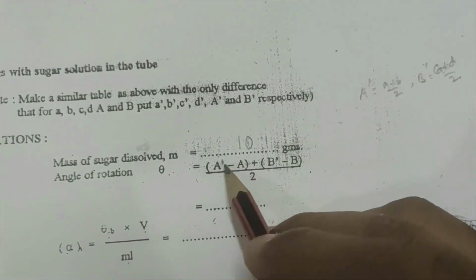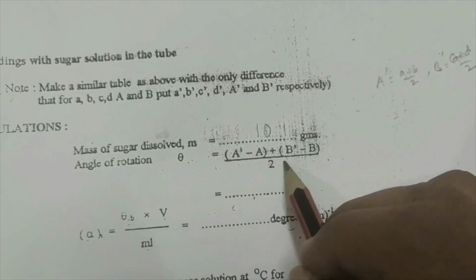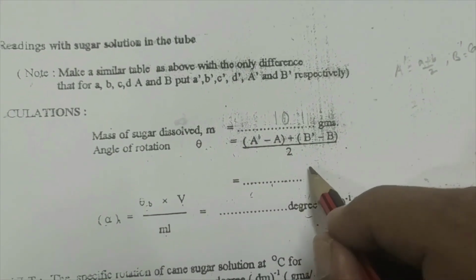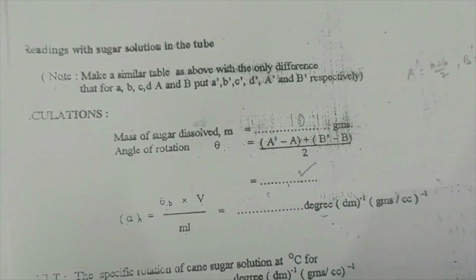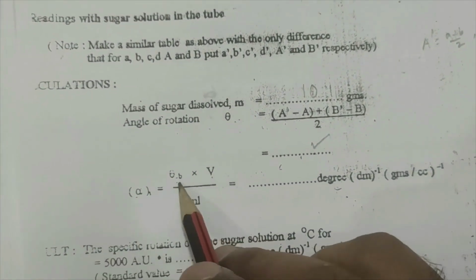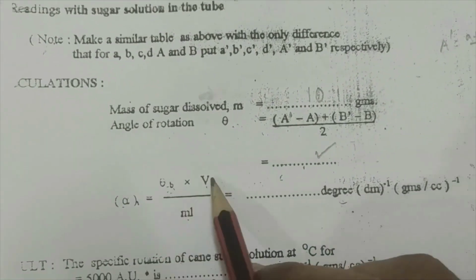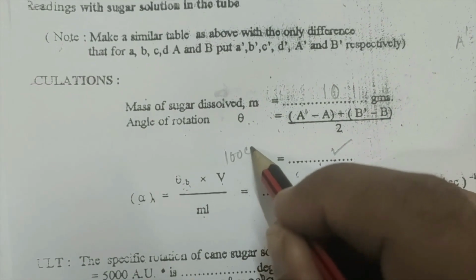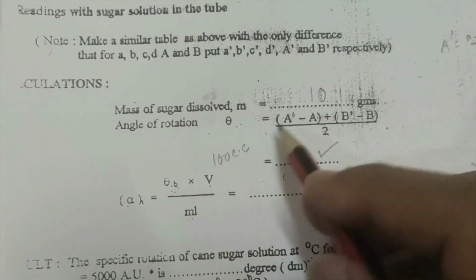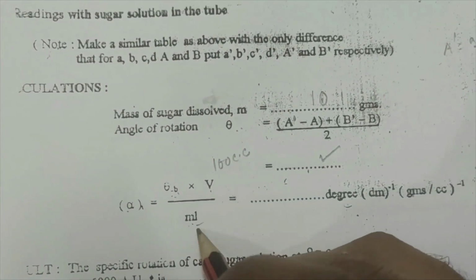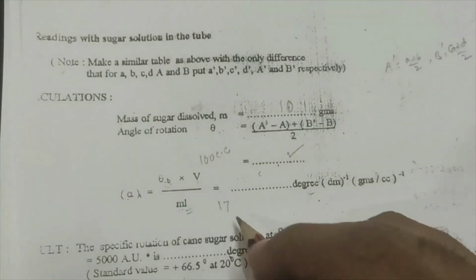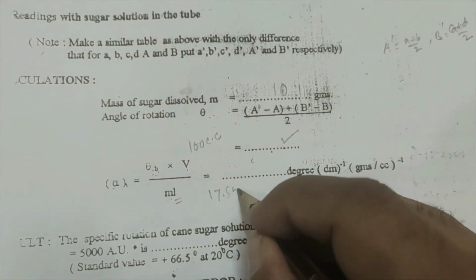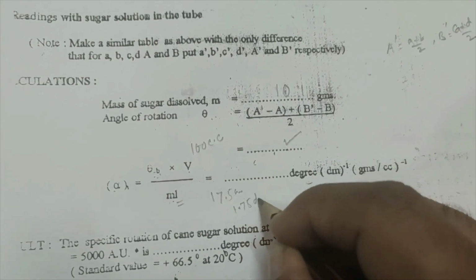So you get theta as A prime minus A plus B prime minus B, divided by 2. Now I'll use this theta in the solution. The volume is 100 cc, the mass is 10 gram, and the length of this tube is 17.5 centimeter, so this will be 1.75 decimeter.